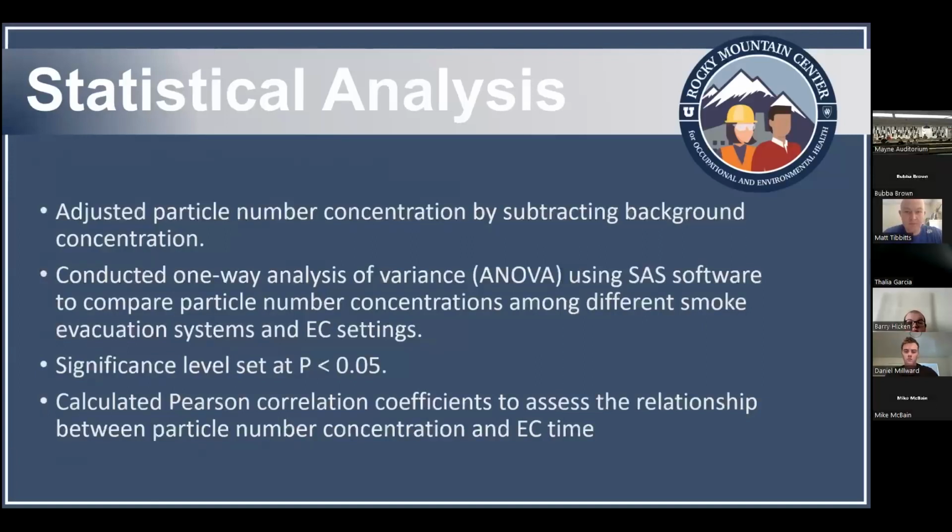Again, they subtracted the background concentration, and then used ANOVA to compare between the 4 groups. The significance level was set at P less than 0.05, and they also did the Pearson correlation coefficient to assess the relationship between the particle number and the electrocautery time.